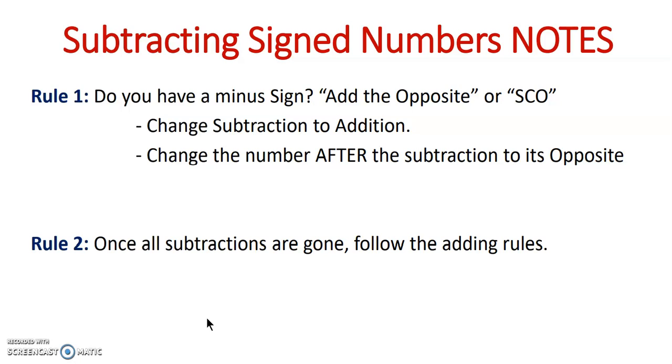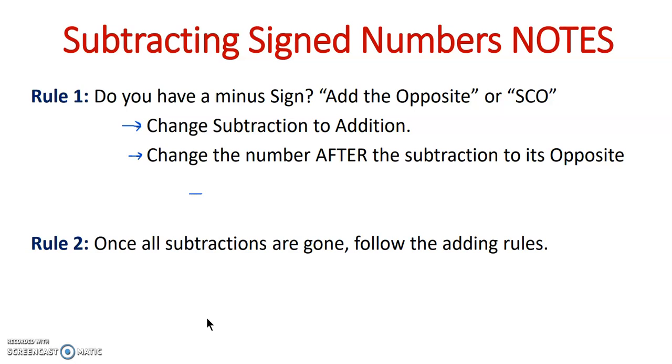So if you have a minus sign, the first rule says you should add the opposite. Or you can follow the principle of SCO, same, change, opposite. So the first thing you're going to do in a problem is change the subtraction to addition. And then the number that comes immediately after the subtraction changes to its opposite sign.